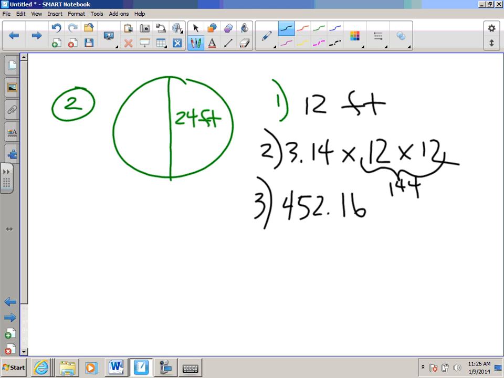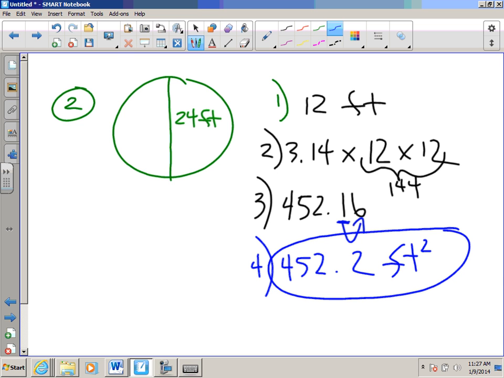No. 0.16. That's what we get first of all. Then Zay, I underline my 10th place. I look behind it. That 6, is that big enough to change that 1 to a 2? So step 4 is 452.2 feet squared.